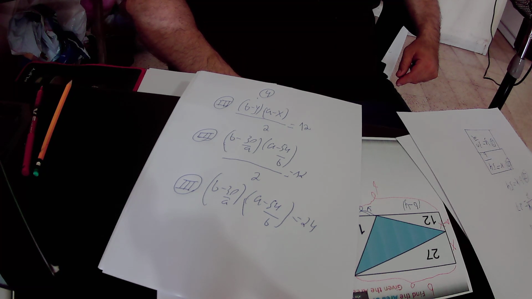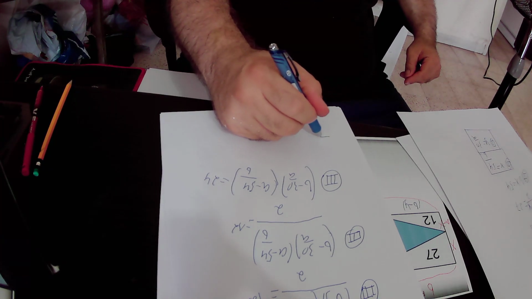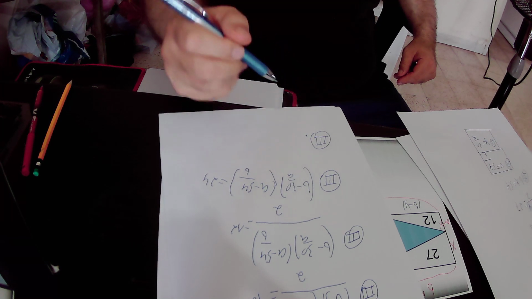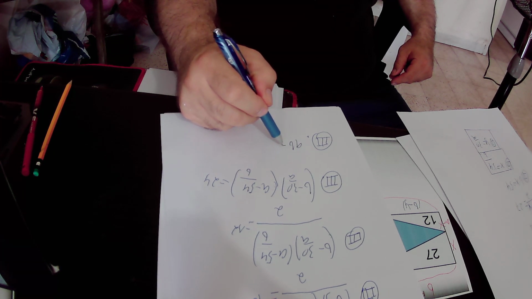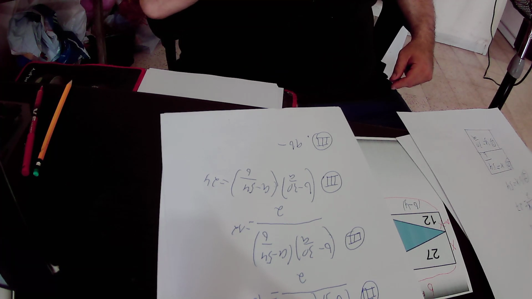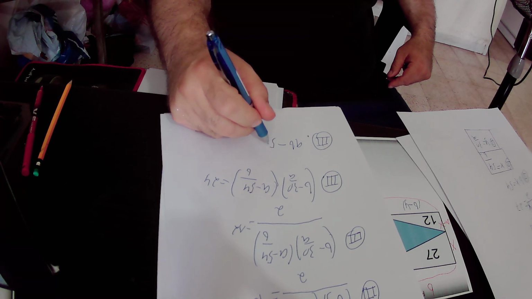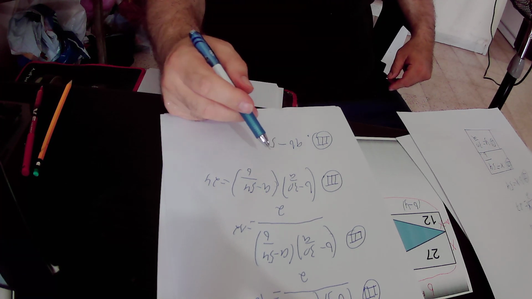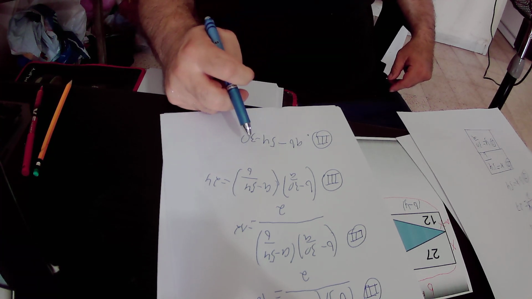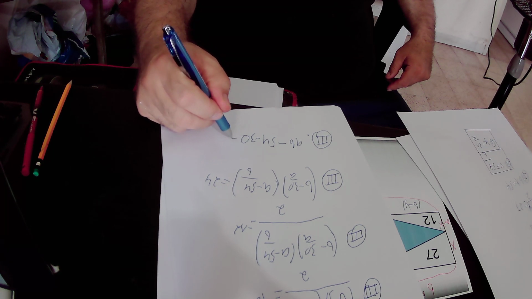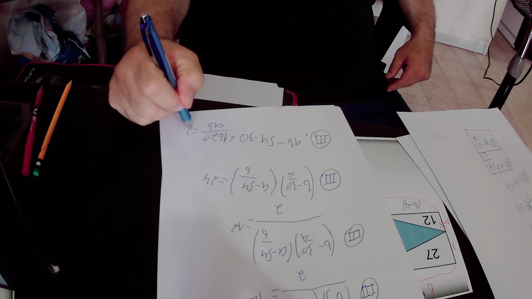Now we will open the brackets. b times a is ba, or ab, it is the same, minus b times 54 over b is minus 54, minus 30 over a times a is minus 30, and minus 30 over a times minus 54 over b is 1620 over ab, all equals 24.